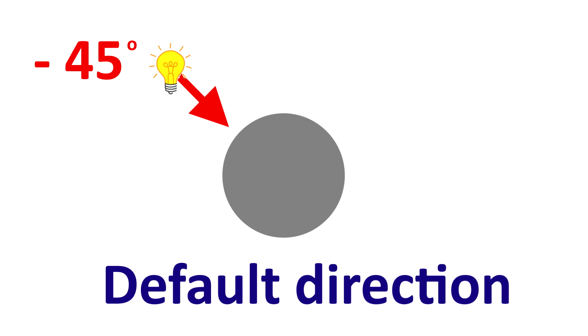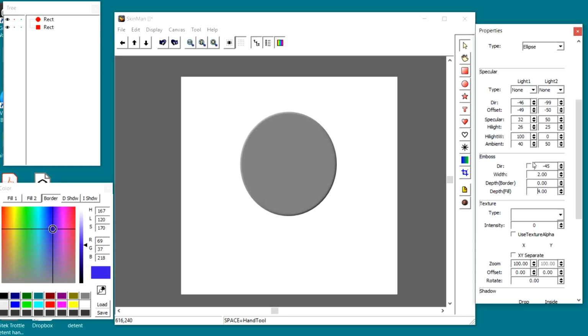So the default direction of lighting for all objects, unless you set it otherwise, is always -45, which is from the top left, and it's become pretty much a convention for Air Manager instrument builders. That way the lighting looks consistent on all the instruments that we make. So if we intermix different instruments, they'll fit together and look right. We can click the direction button here, and we can change that angle to whatever we want.